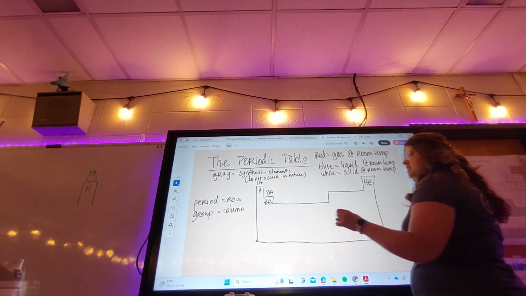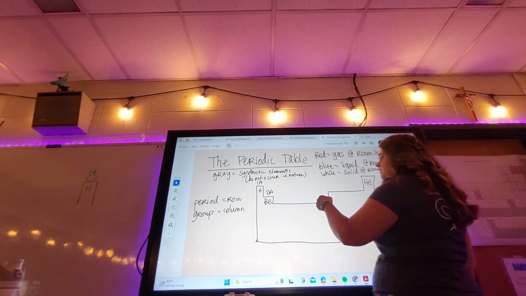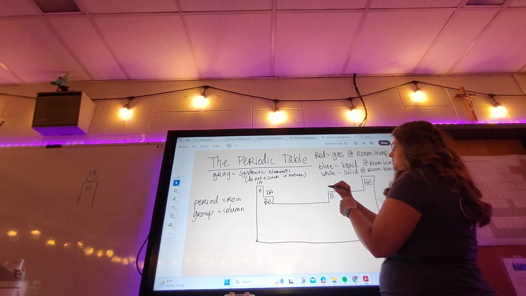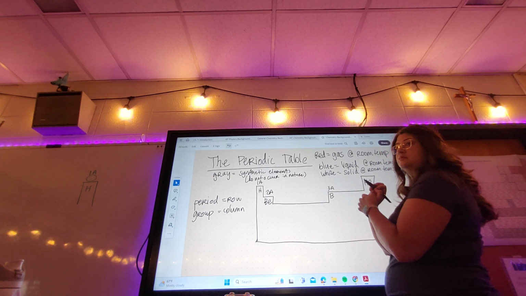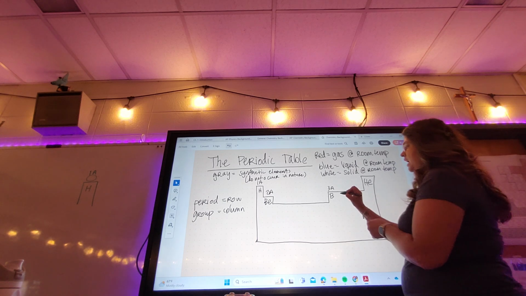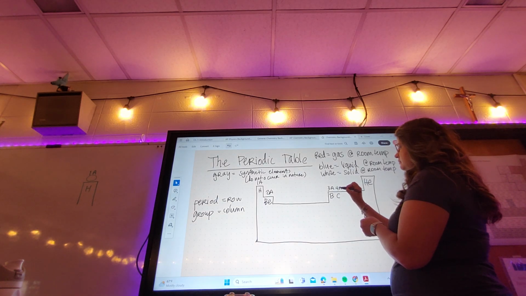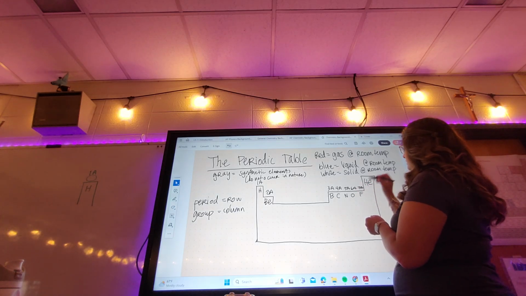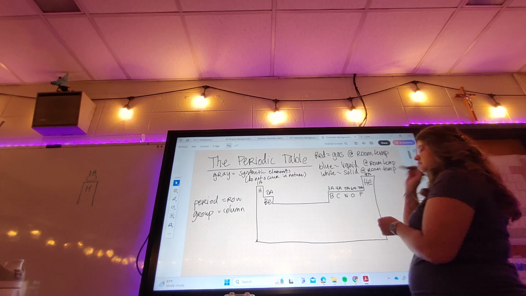And then I want you to skip down through this low column here. And then boron is next. It's group 3A. And then carbon is 4A. Nitrogen is 5A. Oxygen is 6A. Fluorine is 7A. And helium is 8A.